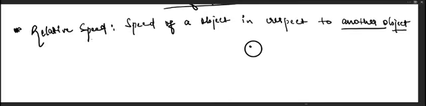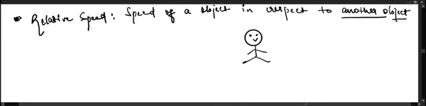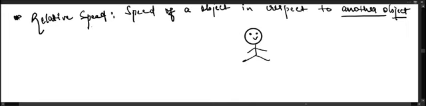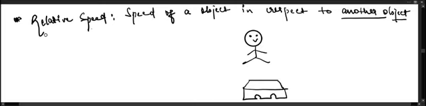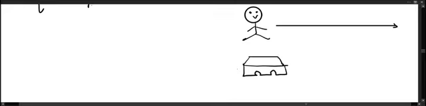Let's say the man is standing here and the car is standing parallel to the man. The man is moving towards the east direction, and the car is moving towards the west direction.